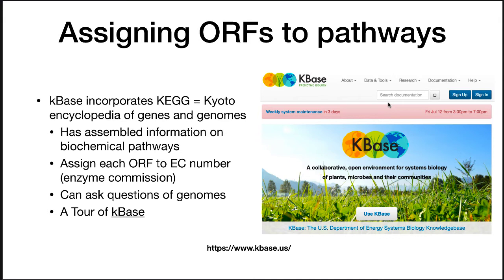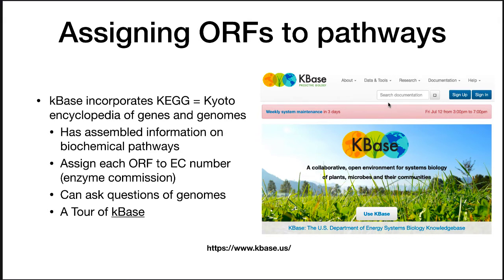So you can make very accurate predictions about the capabilities of an organism. What the program does is it assigns each open reading frame to an EC number, which is enzyme commission number. And again, that enzyme commission number tells you what the enzyme putatively probably does. And by doing this, you can ask all sorts of questions about genomes.